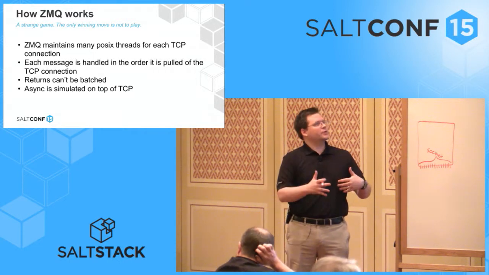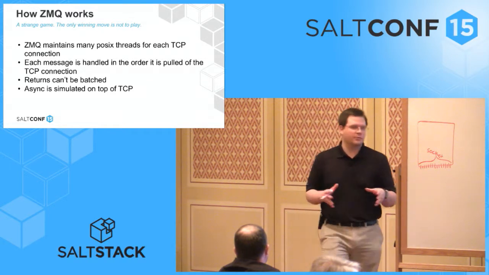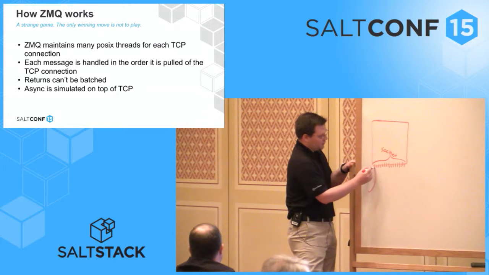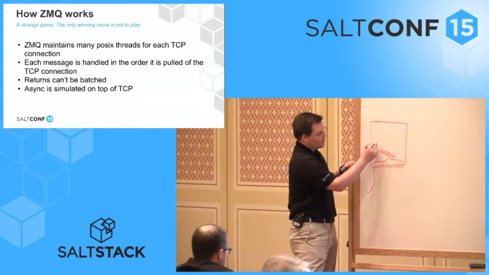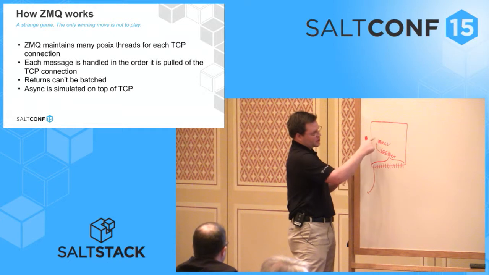And so the other problem that we run into is that if we have a bidirectional construct in ZeroMQ, then a message comes in from one of these, we pop it off, or we'll do a receive. So we receive this message.